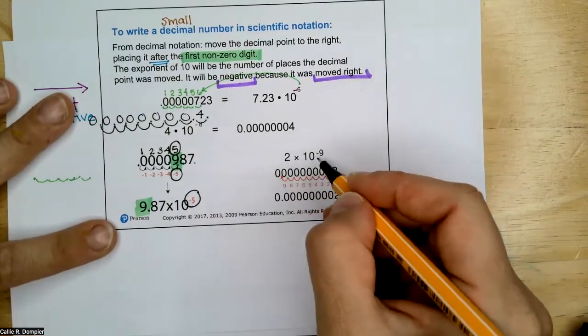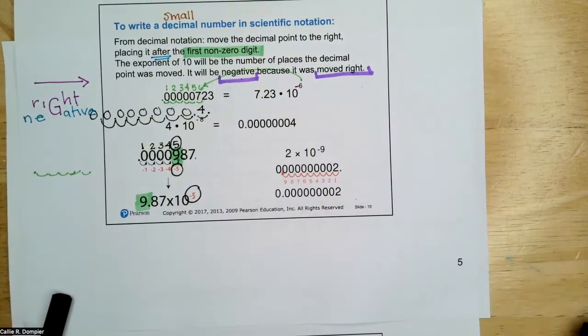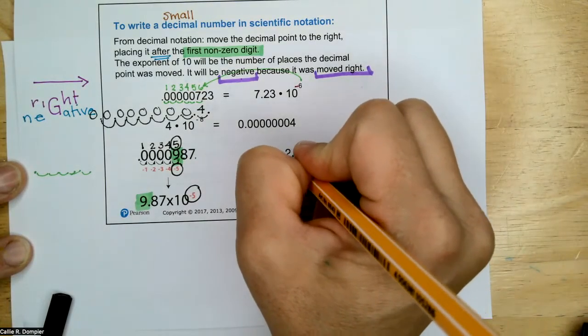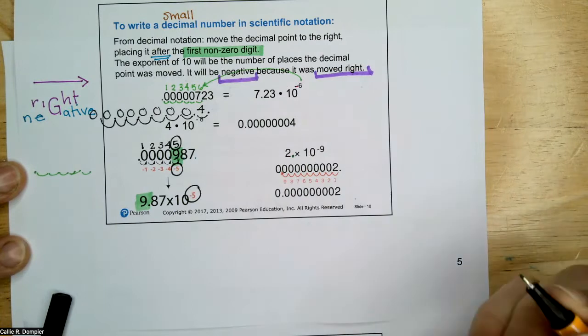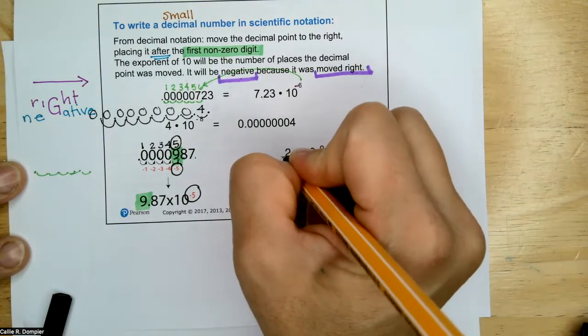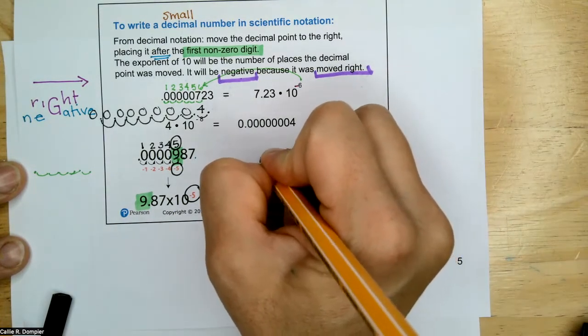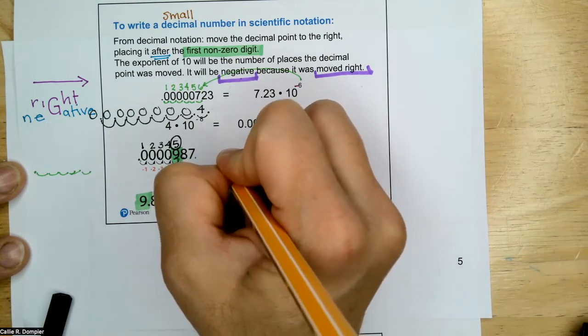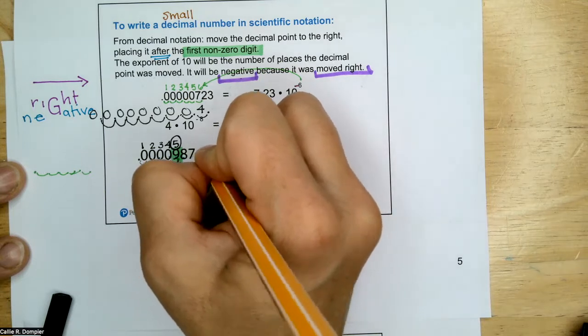All right, 2 times 10 to the negative 9th. That means I'm going to take this 2, and I'm going to put 9 place values in front of it. 1, 2, 3, 4, 5, 6, 7, 8, 9.